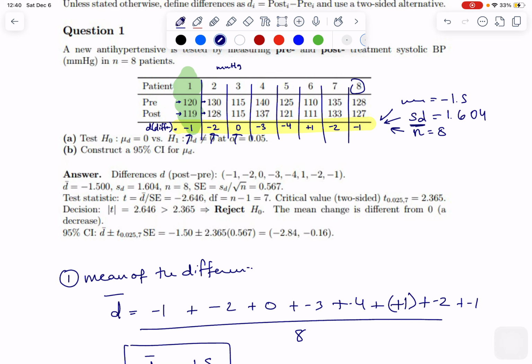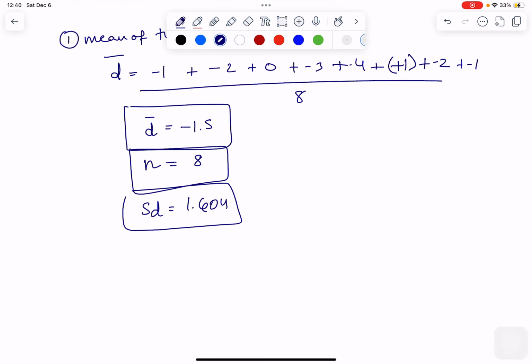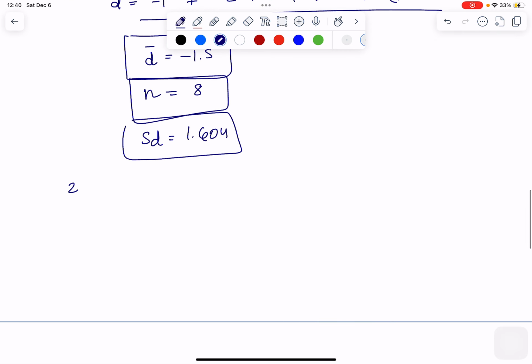So this is the standard deviation, and n is 8. We calculated the mean of the difference, the standard deviation of the difference, and n, which is 8.